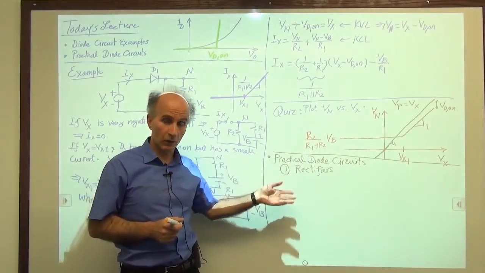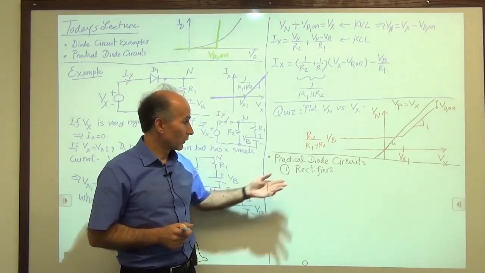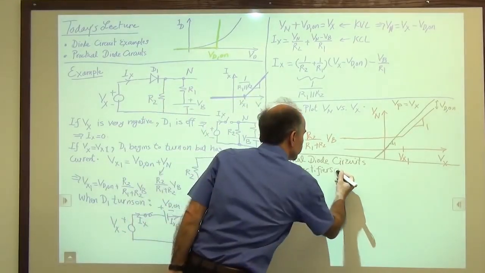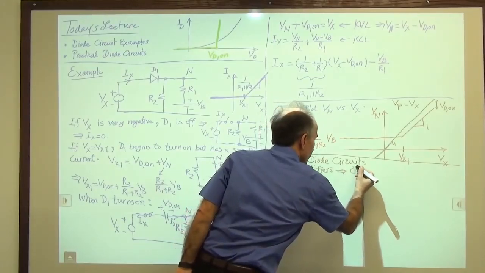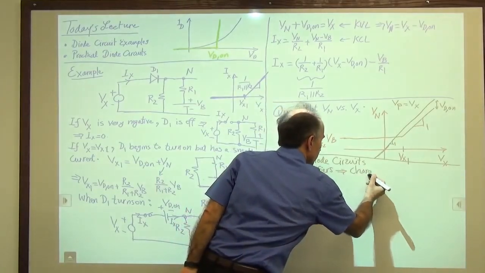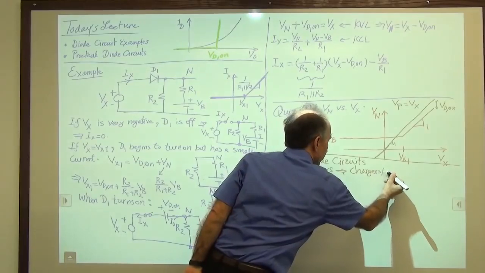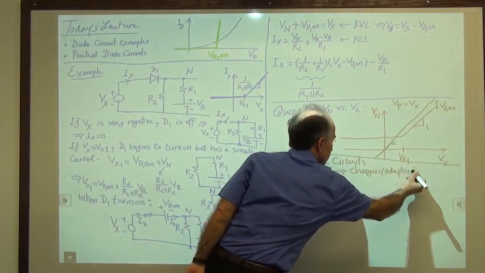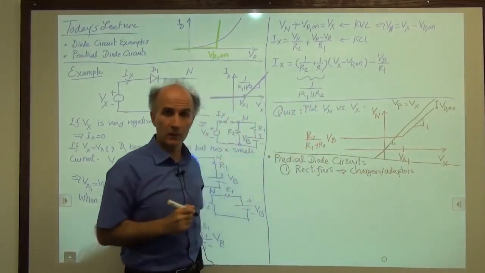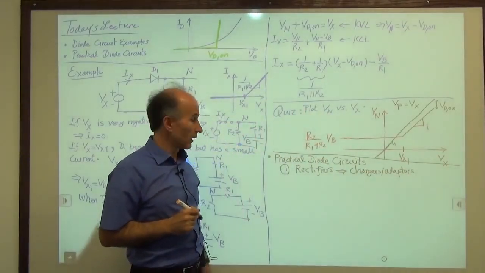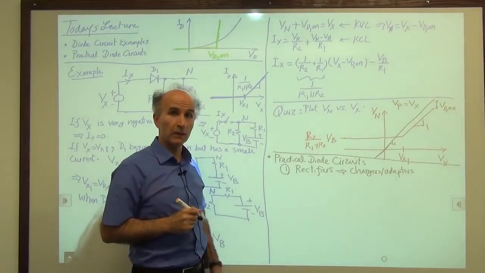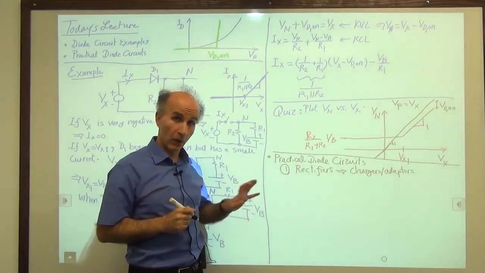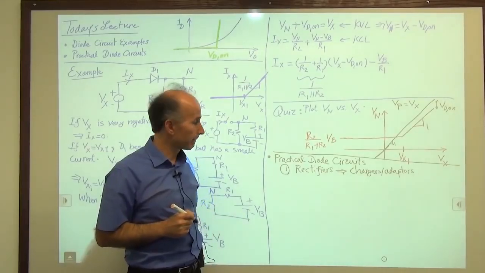Those are generally what we call rectifiers. Why do we study them? Well, because they have many applications, including chargers and adapters, and many other places where we use these for producing, for example, only the positive voltages and blocking the negative voltages.